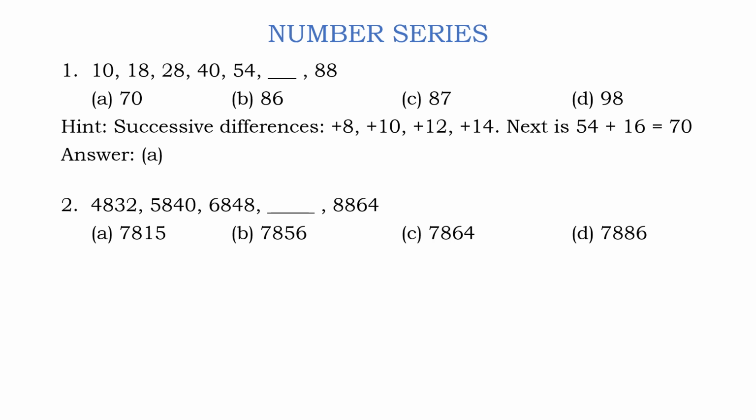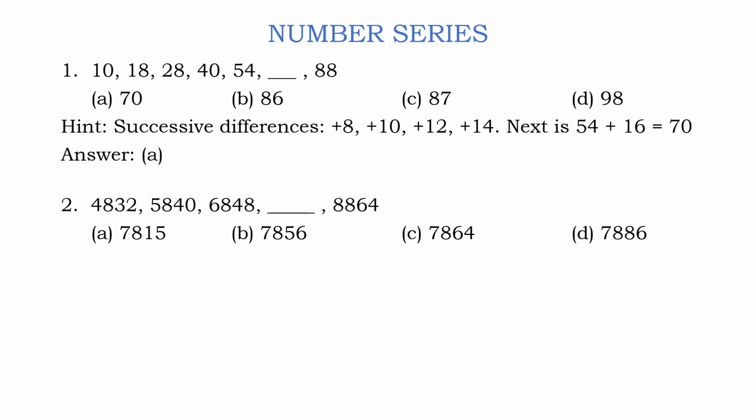So the missing number will have 7 in the thousands place. Here in the answers you can find the thousands and hundreds places are the same for all the answers. So 48, 58, 68, 78, 88, like that.